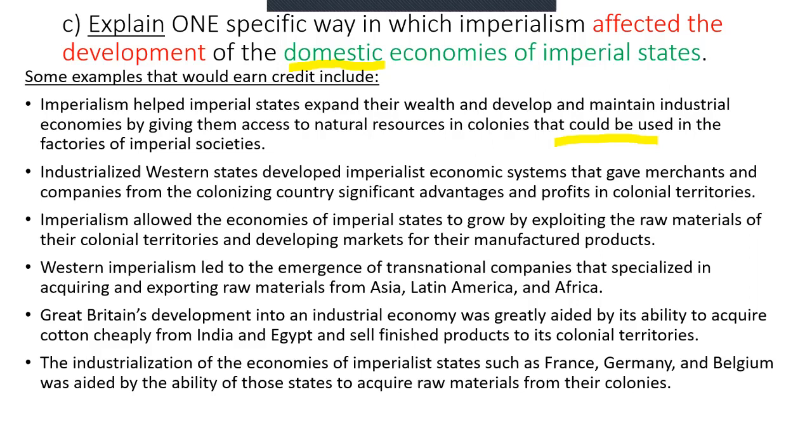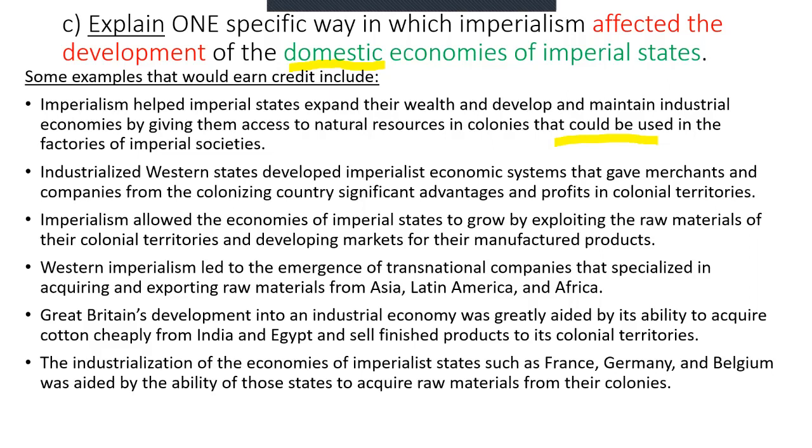Industrialized Western states developed imperialist economic systems that gave merchants and companies from the colonizing countries significant advantages and profits in colonial territories. Now, in this case, as a reader, I would love to see, for example, De Beers and diamonds in South Africa, or if we're talking about new transnational corporations, terms like HSBC, from the key concepts or the historical developments.